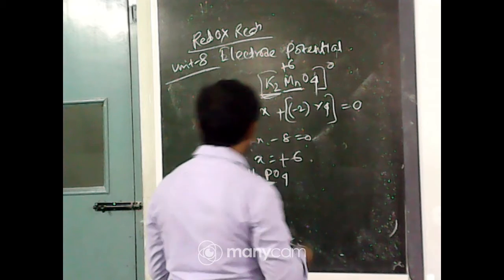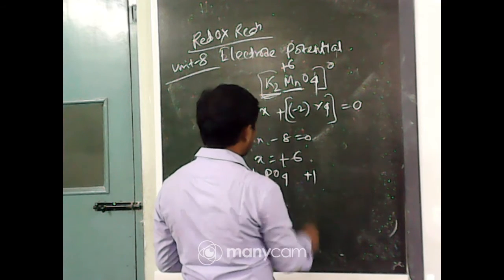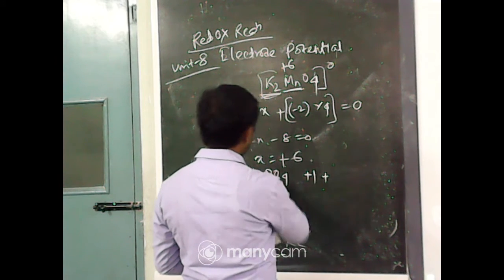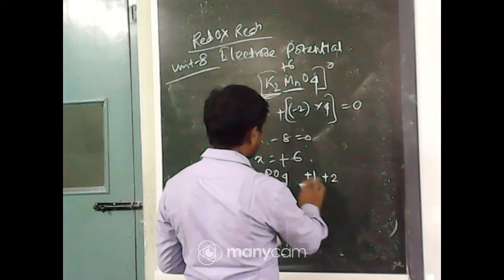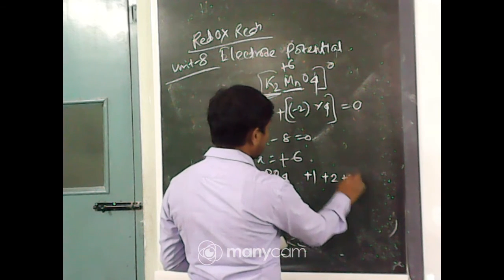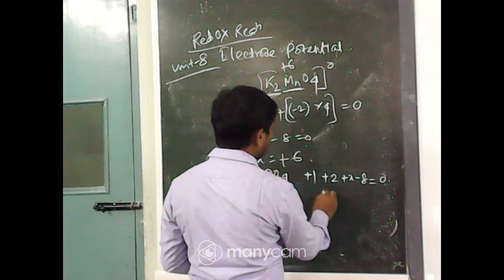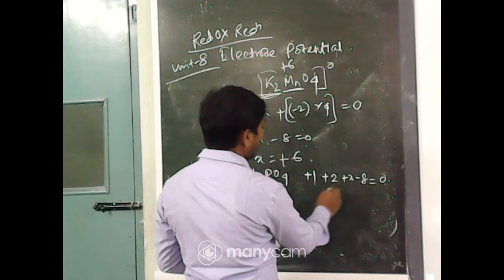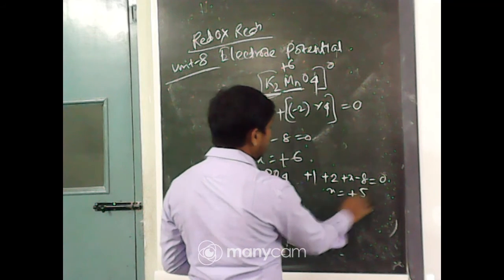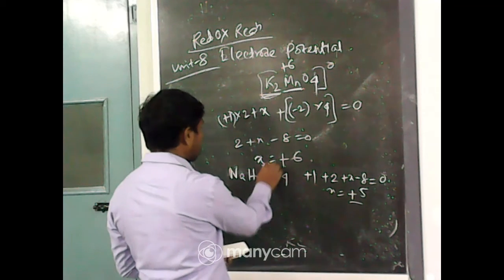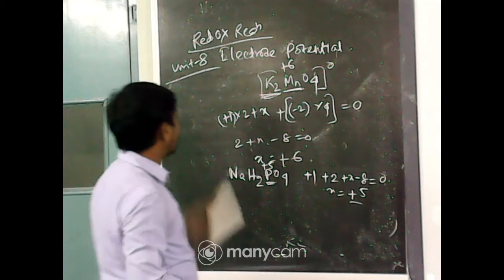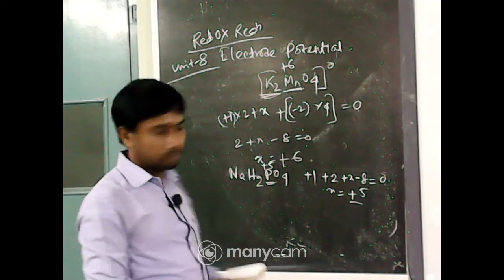Now, you can do it. Sodium +1, hydrogen +1 into 2, that is 2, plus X, minus 2 into 4, that is -8, overall 0. So, X equals +5. So, the oxidation state of phosphorus is +5 here. Clear?